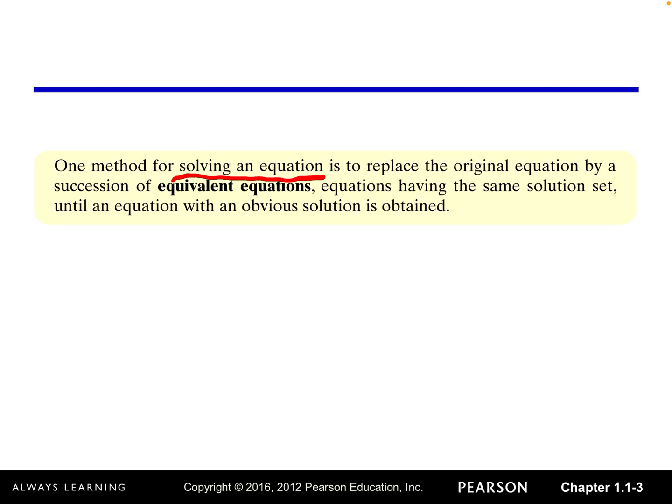Okay, so the key here is that this process has to go through a succession of equivalent equations. In any of the steps, you cannot change the equation. If you change the equation, the solution will not be correct.